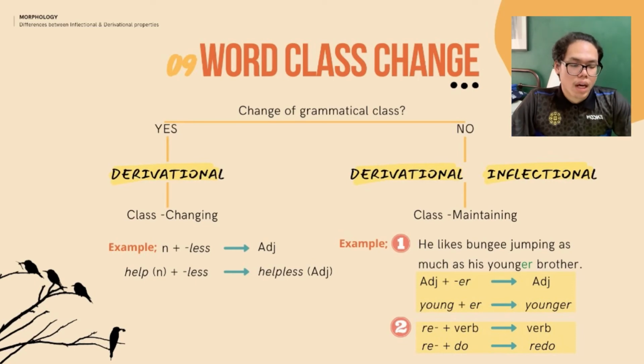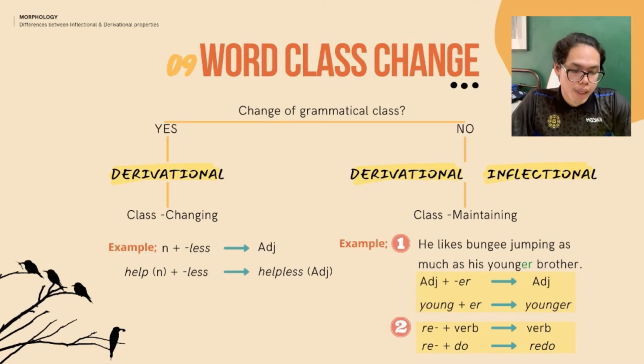But where should we categorize this, inflectional or derivational? This is inflectional. Why? Because this is what we call a comparative adjective. As we know, inflectional morphemes only have 8 things, and one of them is the comparative adjective. So this belongs to inflectional morphemes.